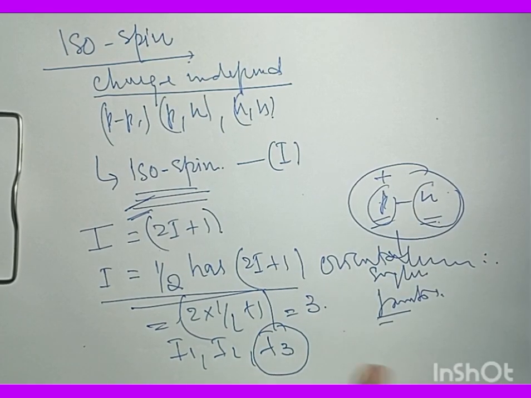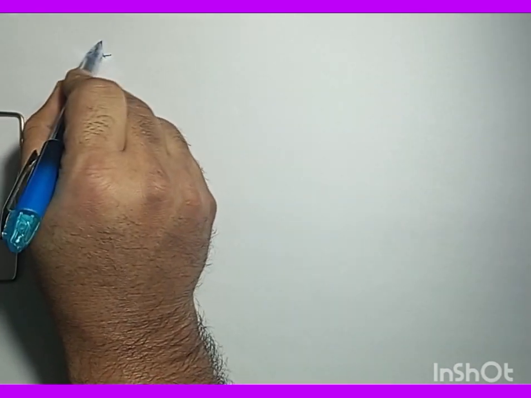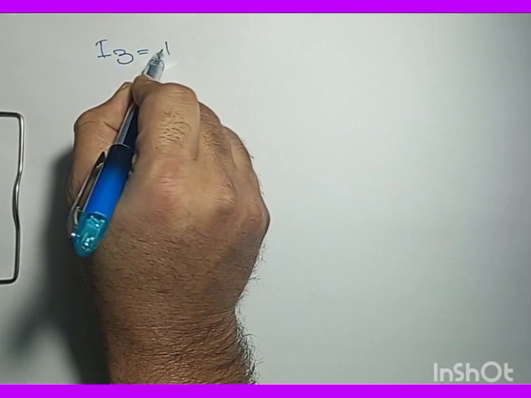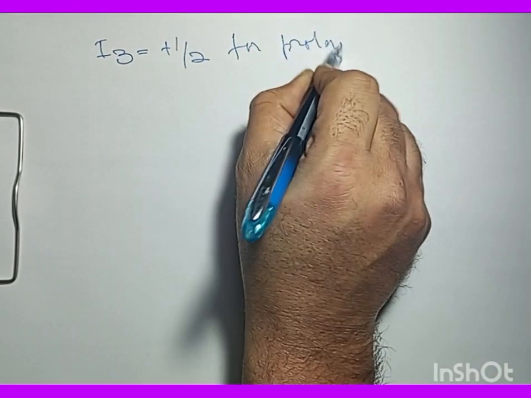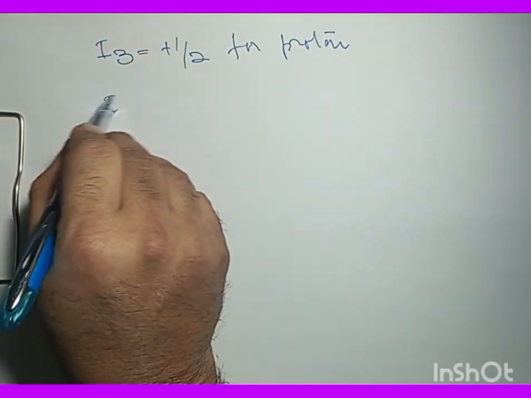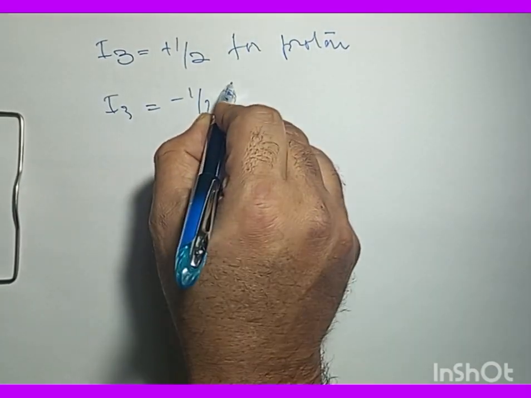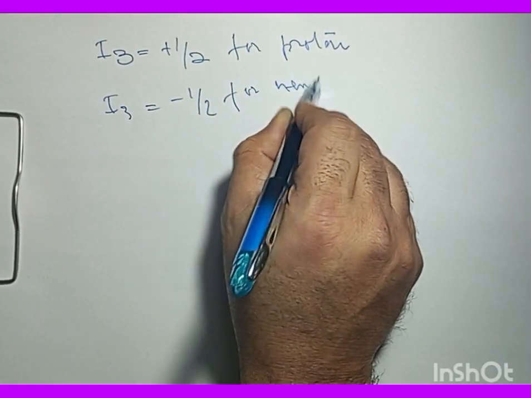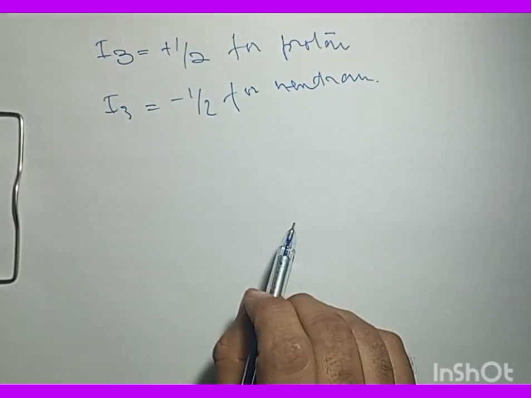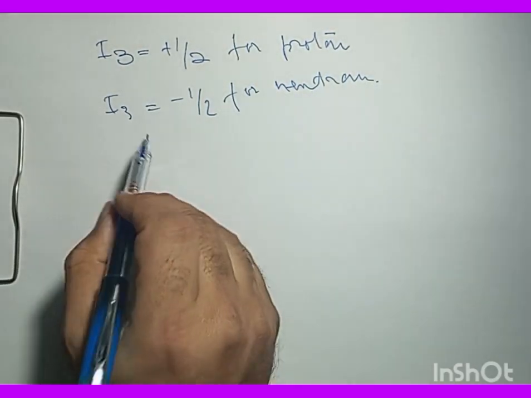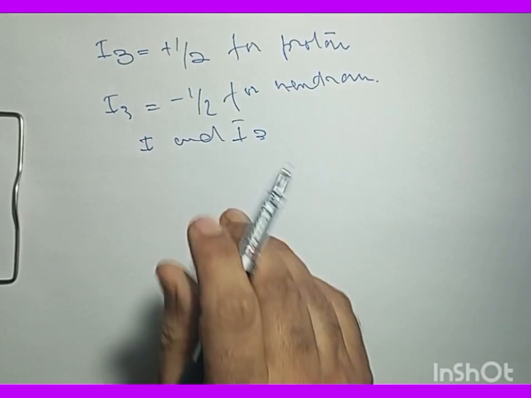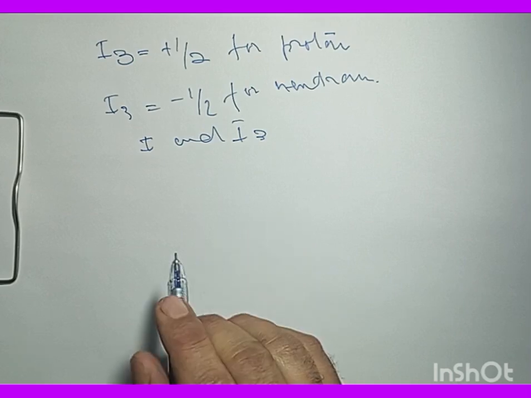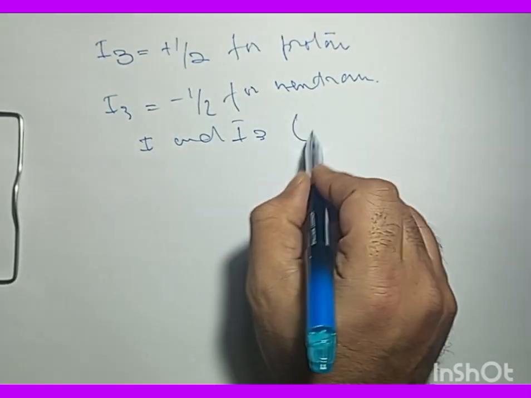Now, taking I3 equal to plus half for proton, and taking I3 as minus half for neutron. The value of I and I3 for a given state of a particle can be written in Dirac notation.